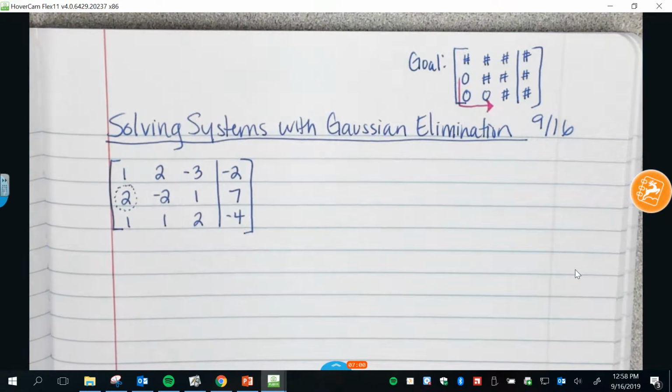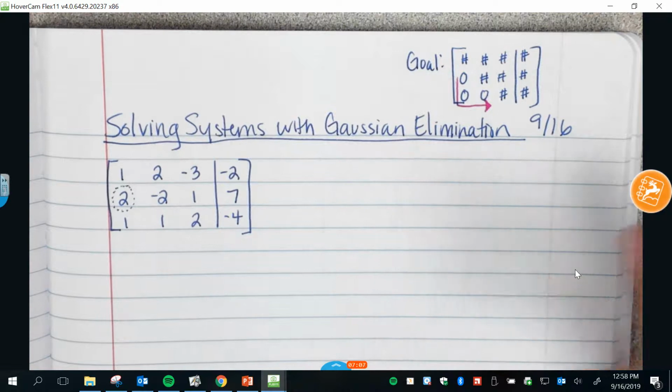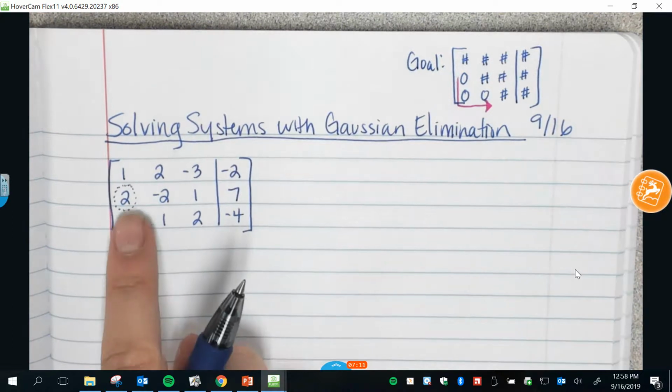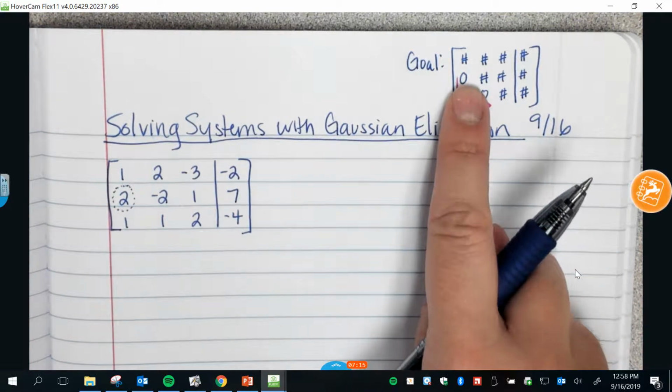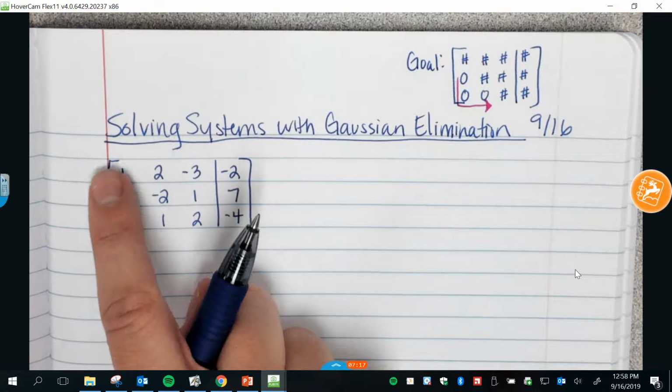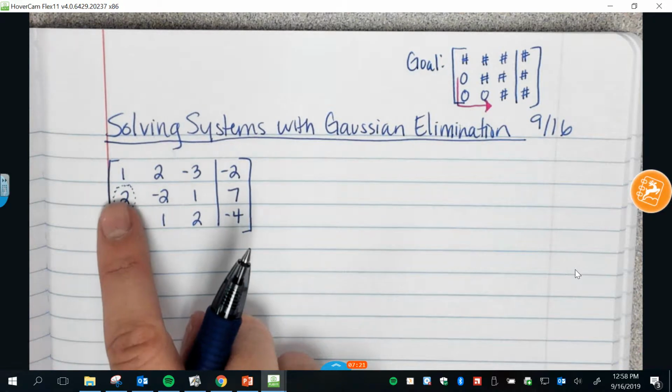Okay? All right. Now, we are going to write down a row command, which is like a code basically, of how we're going to take that 2 and eliminate it to be a 0. And that's going to involve multiplying one of these other rows by something and adding it to this row.